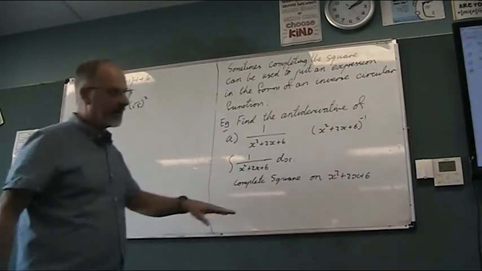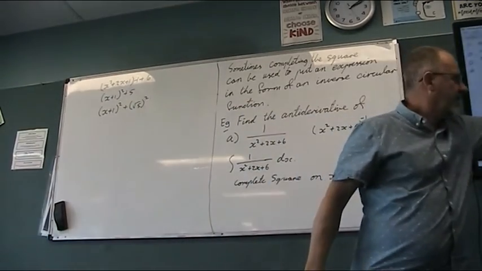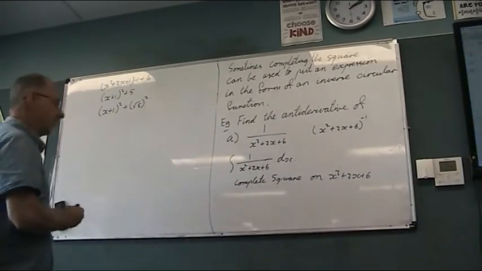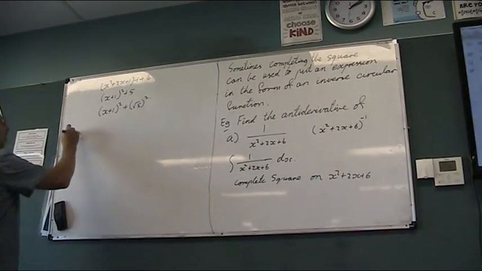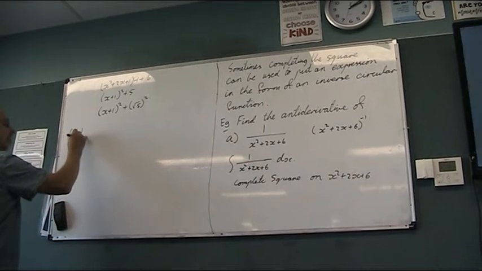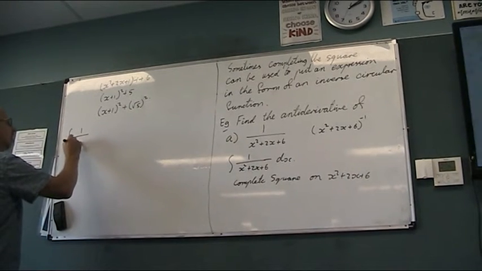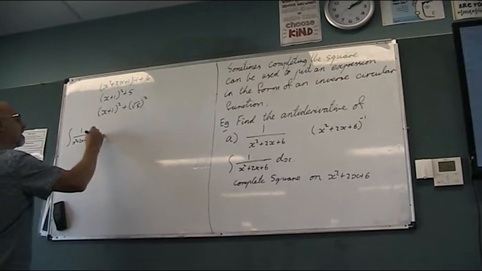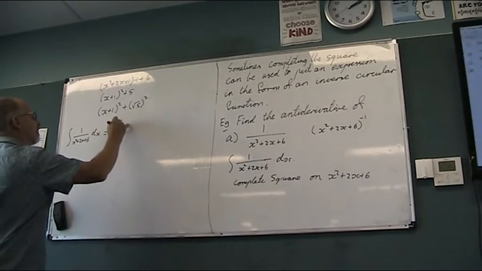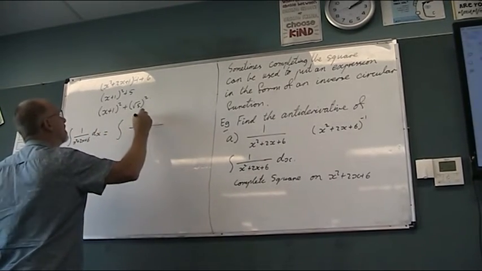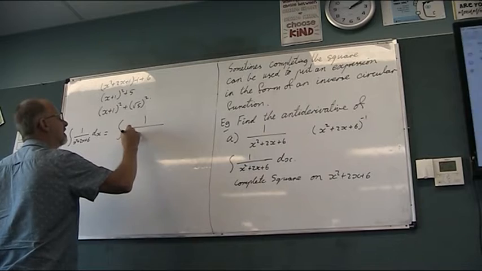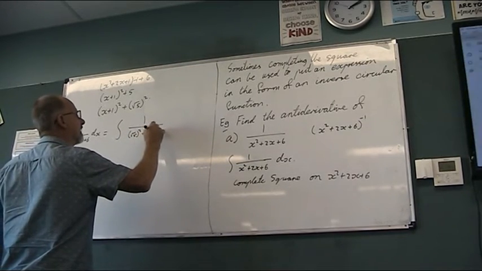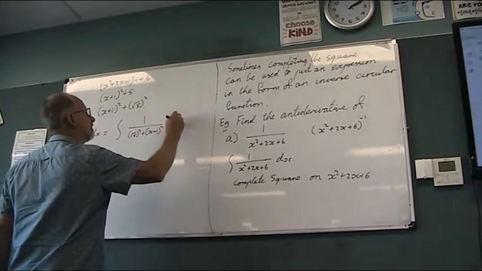Alright, so that now looks a bit like that. Let me rewrite that then. So we've got 1 over x squared plus 2x plus 6 dx. And we're now saying that looks like 1 over root 5 squared plus x plus 1 squared.